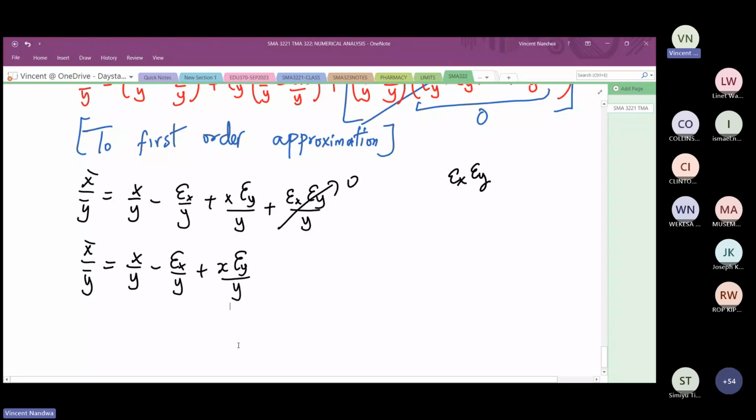And as usual, we put error terms together and we take exact and approximate on one side.